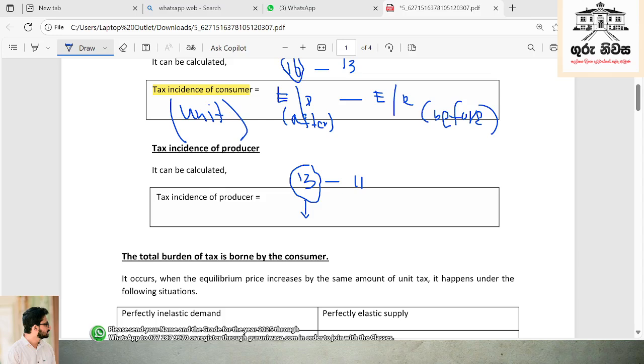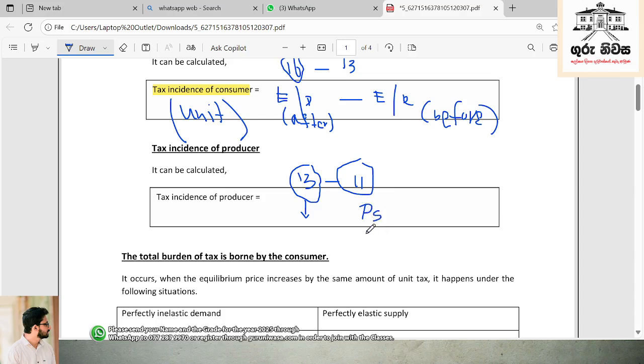Write down: tax incidence of producer equals equilibrium price before tax minus actual price received by producer after tax.